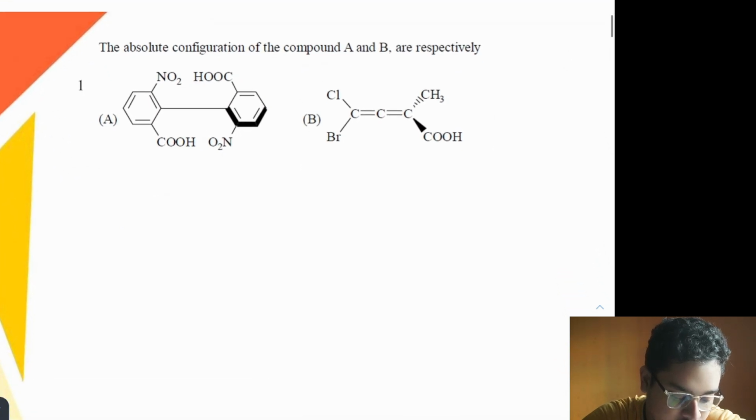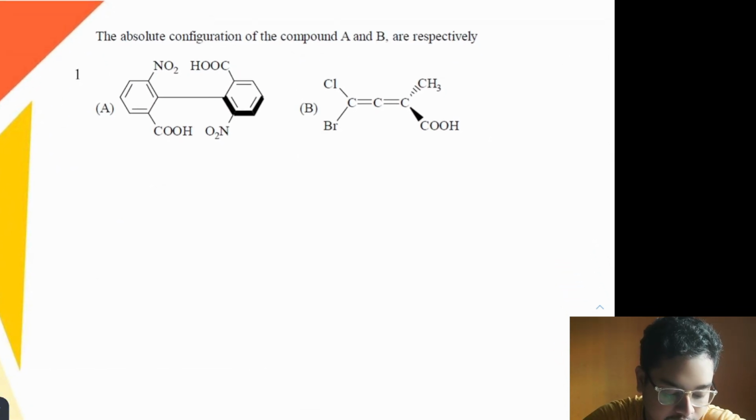The first question asks for the absolute configuration of compounds A and B respectively. As you know, these two compounds contain a chiral axis, and we already know how to determine the RS nomenclature of chiral axis compounds. We are dealing with the first one.